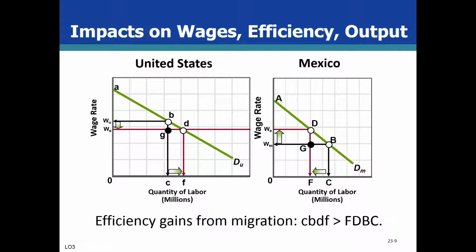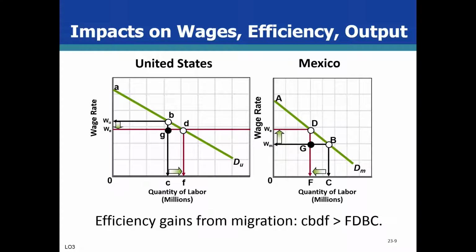Looking at Mexico on the right, with its own downward sloping demand curve for labor, they experience a decrease in output from C to F due to the decrease in labor. Because they were at full employment, any migration from Mexico to the United States will decrease Mexico's output.